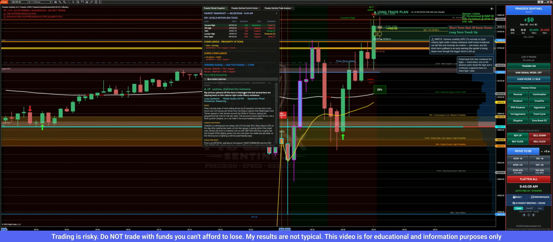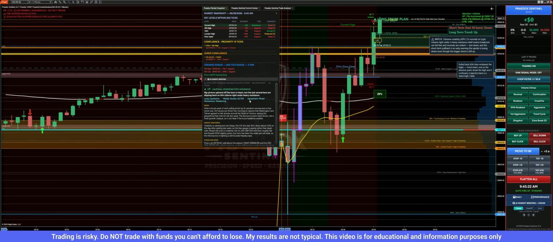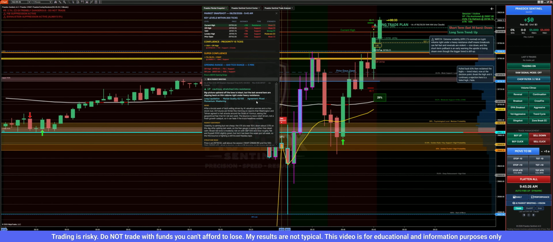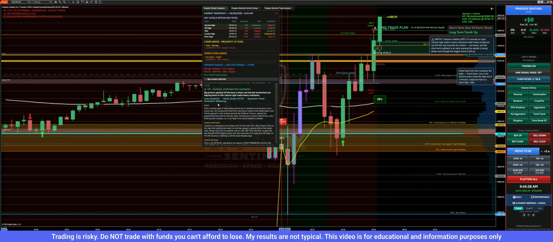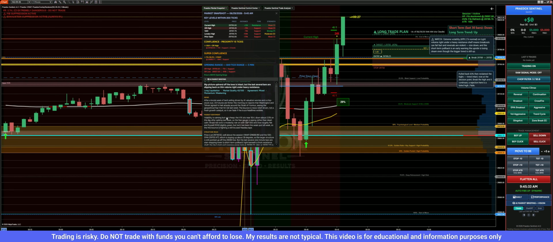It's basically saying stretched into resistance, telling us that the uptrend is intact. We have long liquidations, market quality is about 42 out of 100. The agreement between the data and the chart is mixed, and momentum is starting to weaken. You will see that it'll give you 3 trade plans.